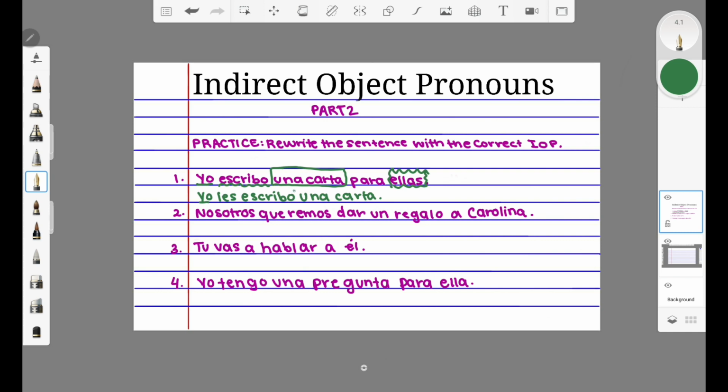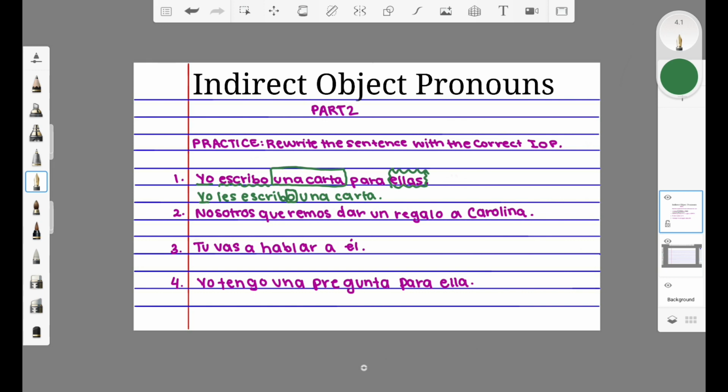Because the conjugated form of escribir already tells us that I'm talking about myself, that I wrote. So be careful because that's not something you can do in English, but since we have different conjugations in Spanish, you can do that in Spanish.